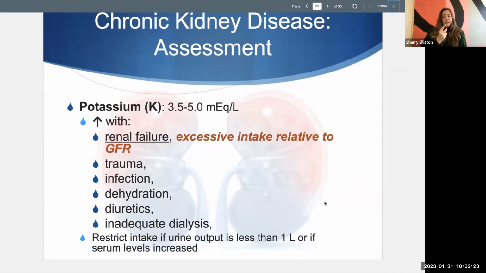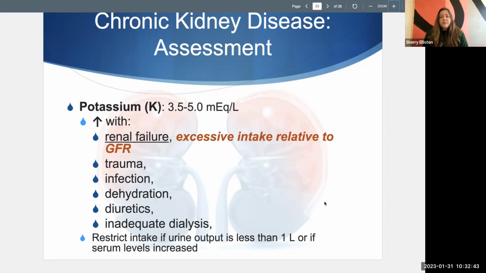This is the reason we have to monitor potassium so strictly: in renal disease, potassium goes up. So in renal failure, we see increased potassium levels.